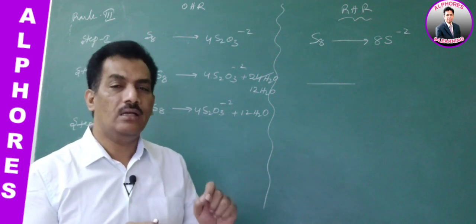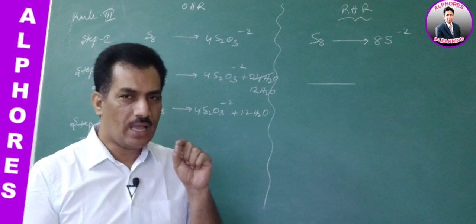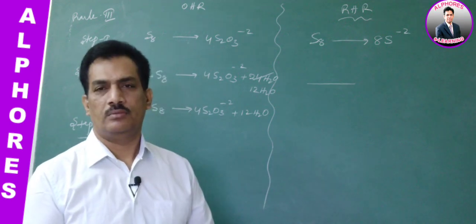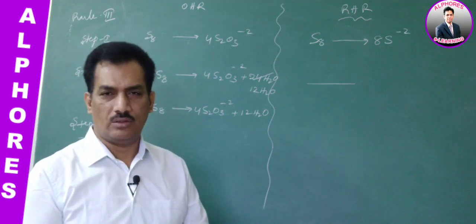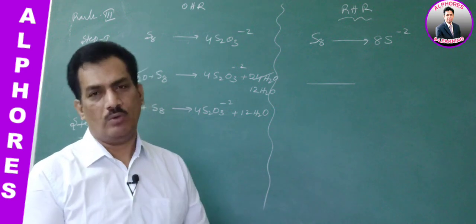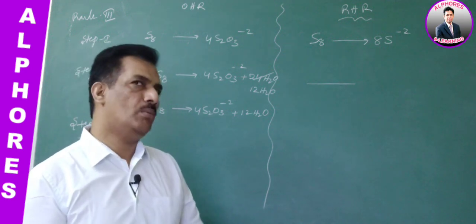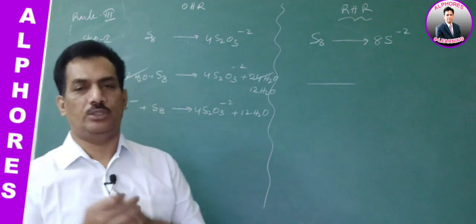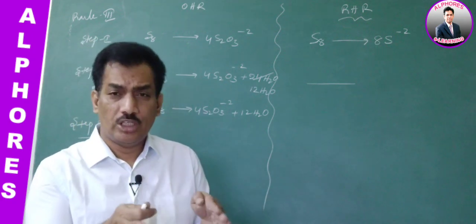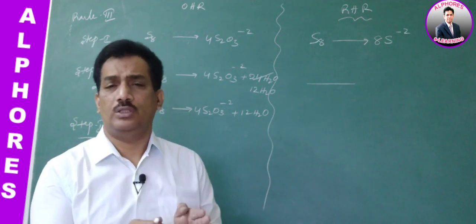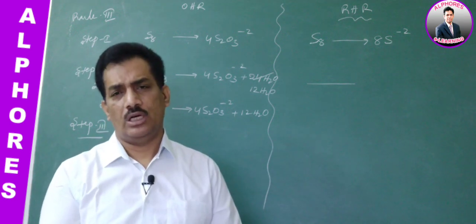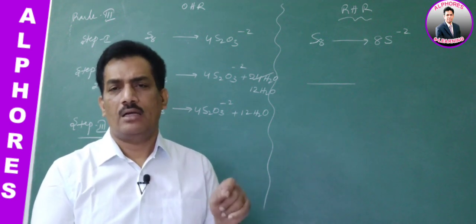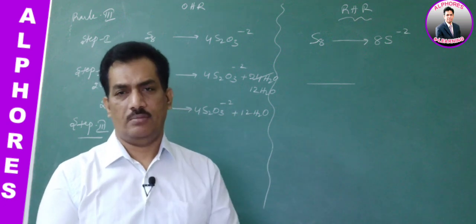By adding electrons, only by adding the electrons. And when we are adding the electrons, which side do we have to add them? Just remember, if the net charge is positive, to balance that positive charge, we have to add electrons on the same side.